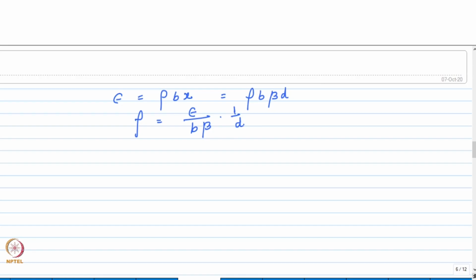So now if you replace rho in this particular equation, then it will give you this expression.